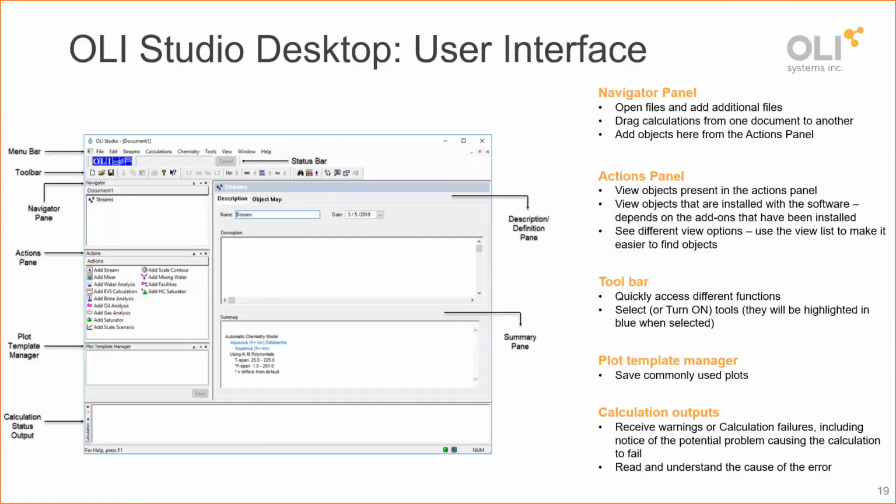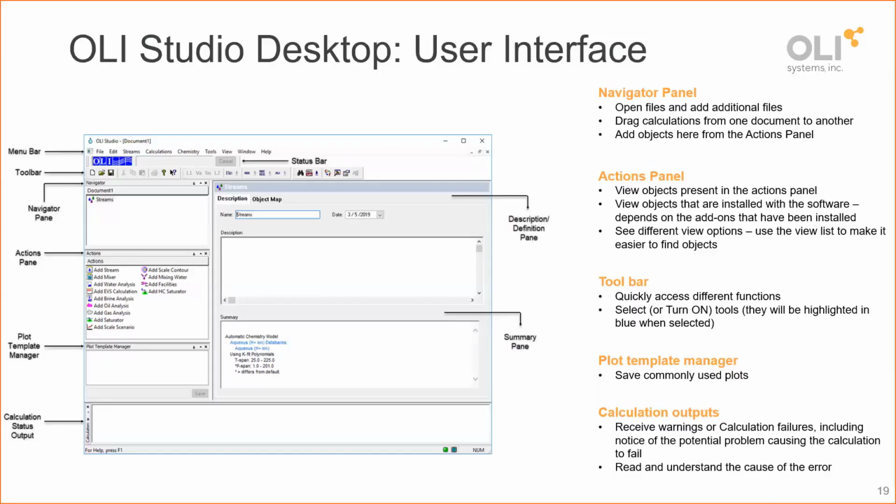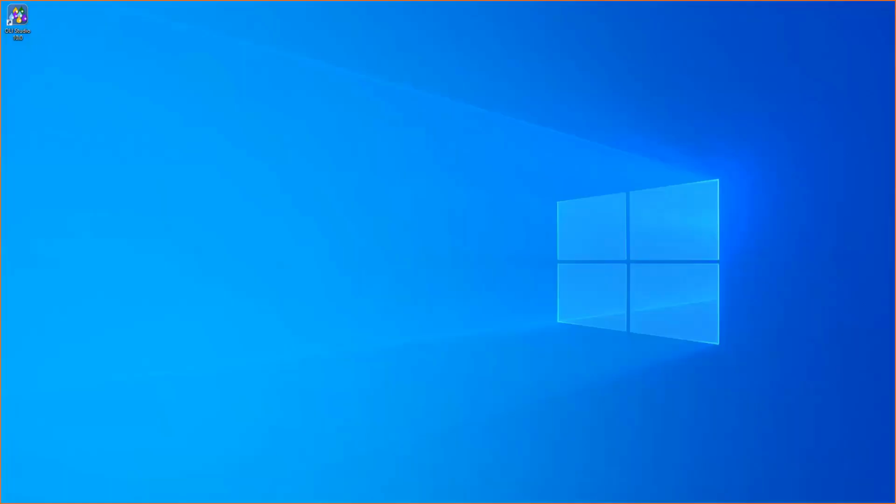So what we're going to do is open the software. This time, let me just minimize this. Oops, brought it back. Let's open the software. You will see your icon here, OLI Studio 10. Just double click on it.